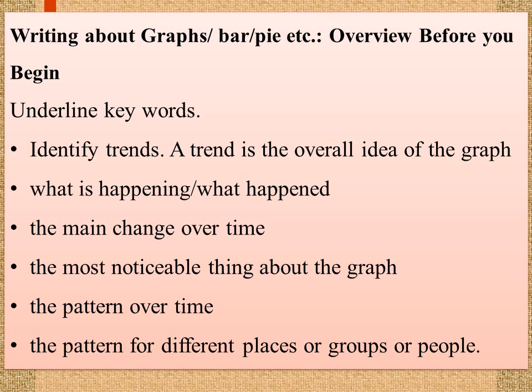Now, we have to understand how you're representing your graph, bar, pie, or anything. You have to mention the changes that you see over a period of time. The changes could be for a very short period of time, or for a long period of time; you have to mention both. So you have to mention the beginning scenario and the post scenario.